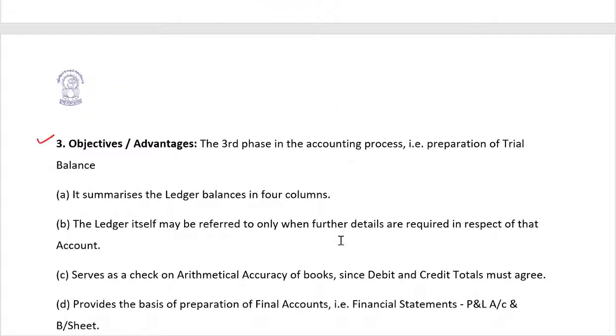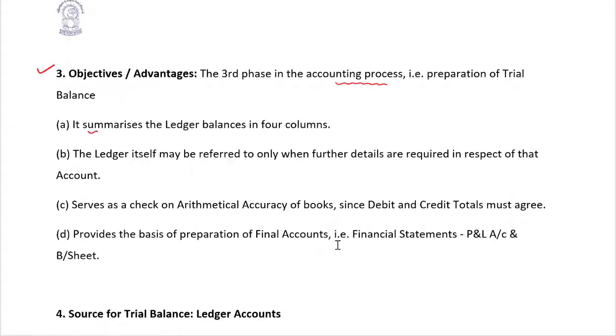Objectives and advantages of trial balance. So it is the third phase of accounting process, that is preparation of trial balance. As I told you, it's a summary. It summarizes the ledger balance in 4 columns. The ledger itself may be referred only when further details are required.